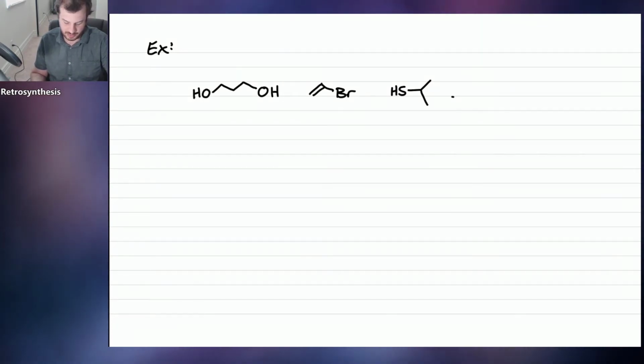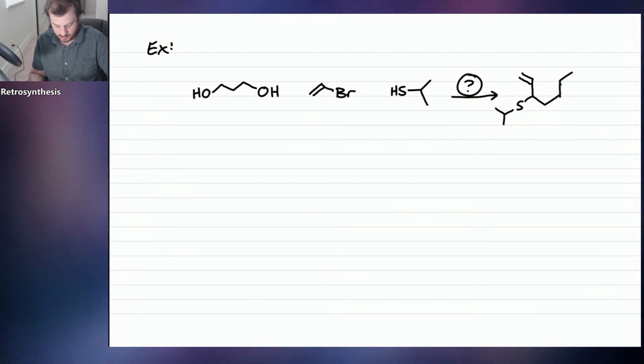And your target molecule is this. Wow. Okay, pause the video if you want to give this a shot. Otherwise, we're going to do a retrosynthesis starting from that product.